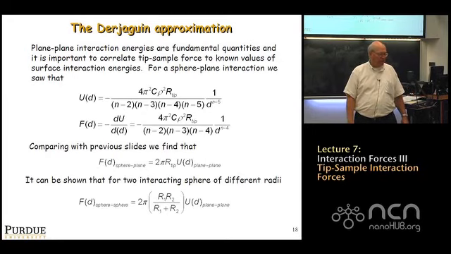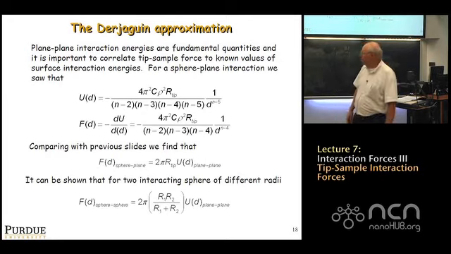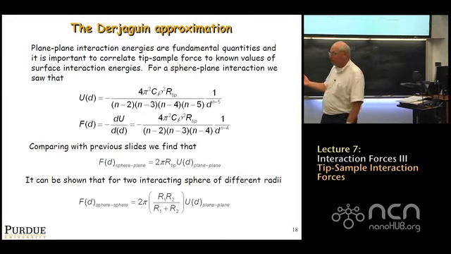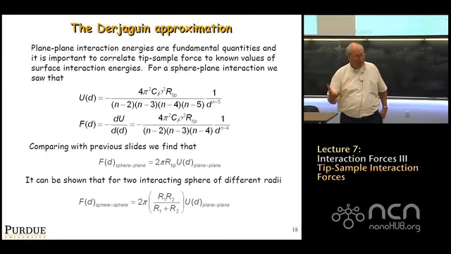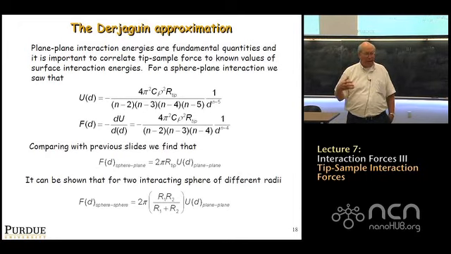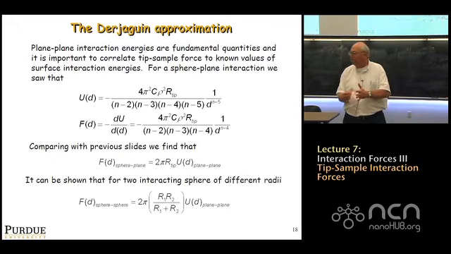In the next part of this lecture and into next week, we're going to talk about how valid this interaction between a sphere and a plane is. Can we really approximate that as two perfectly rigid objects that don't deform? We're going to discuss that in a little more detail.